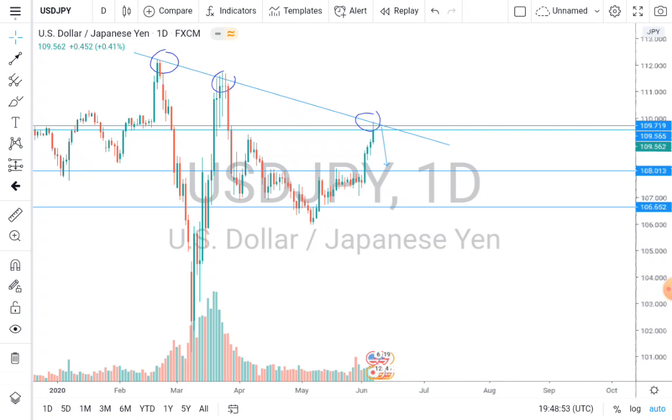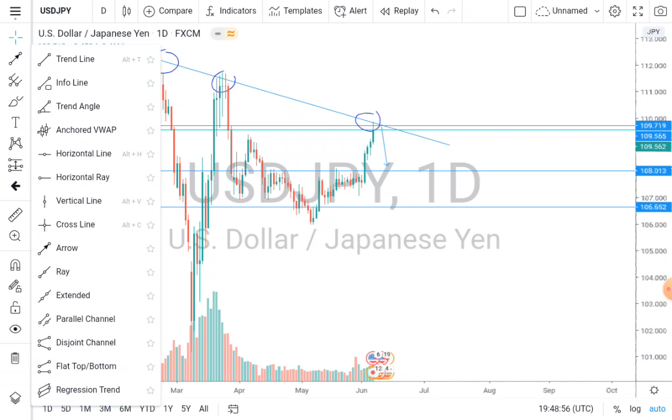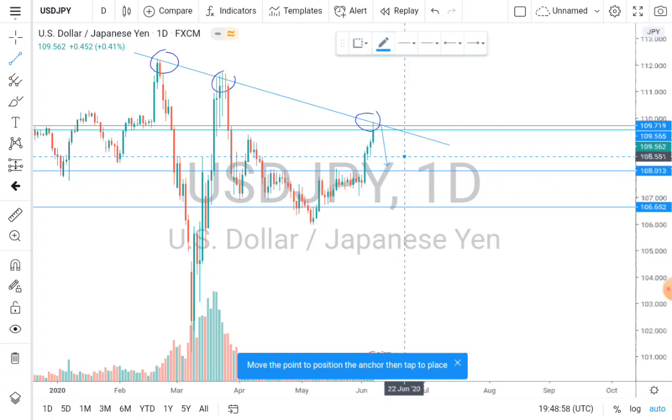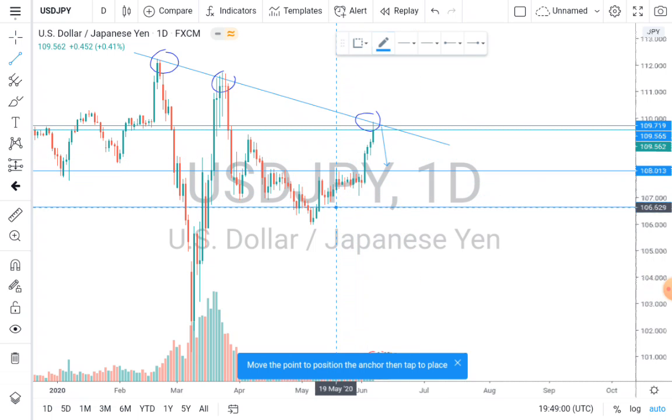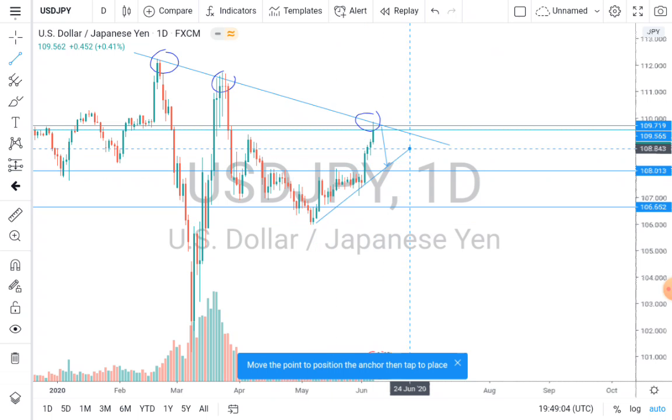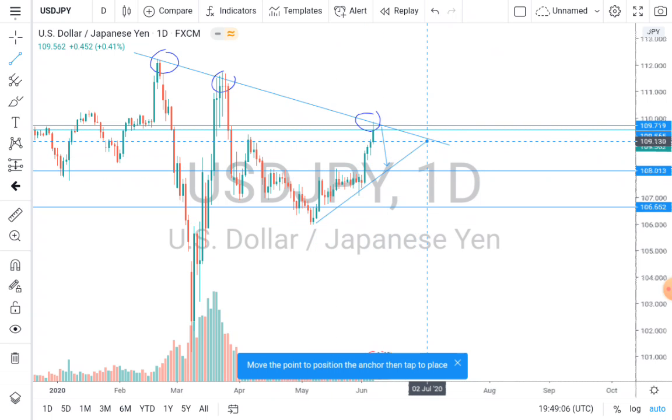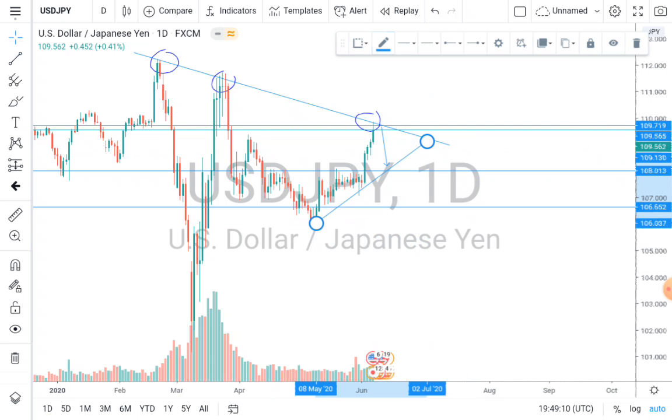We can see that we're also having a sideways support from here, making us believe it can be a symmetrical triangle. And this is the daily time frame, guys, remember that.